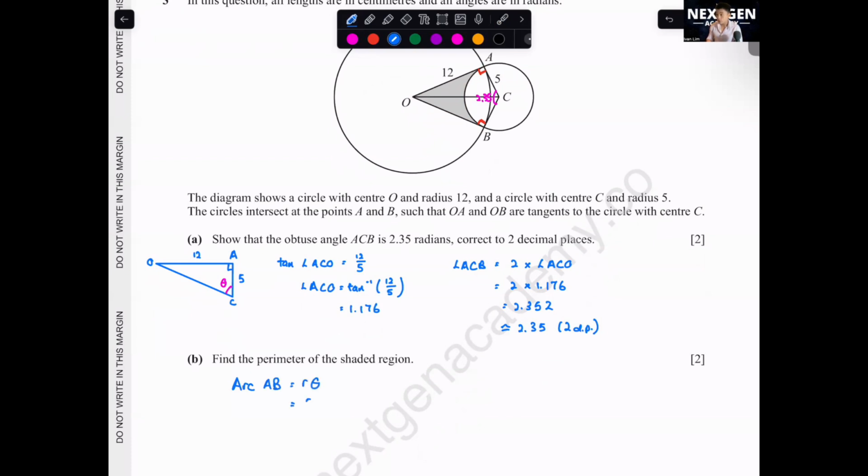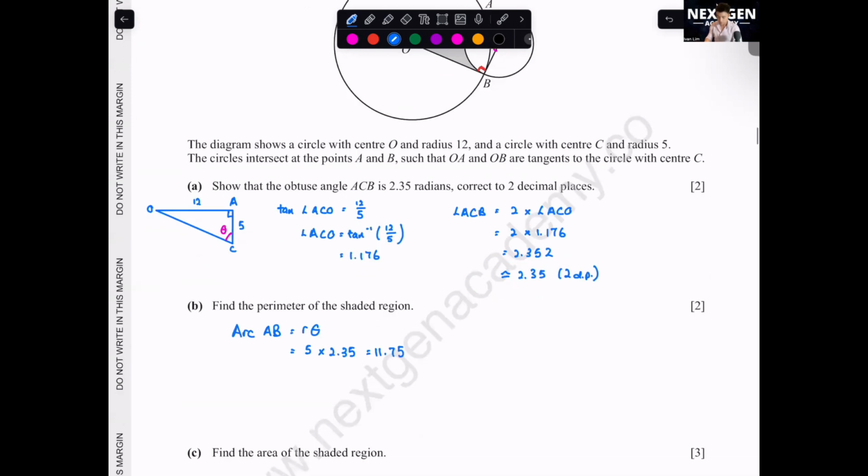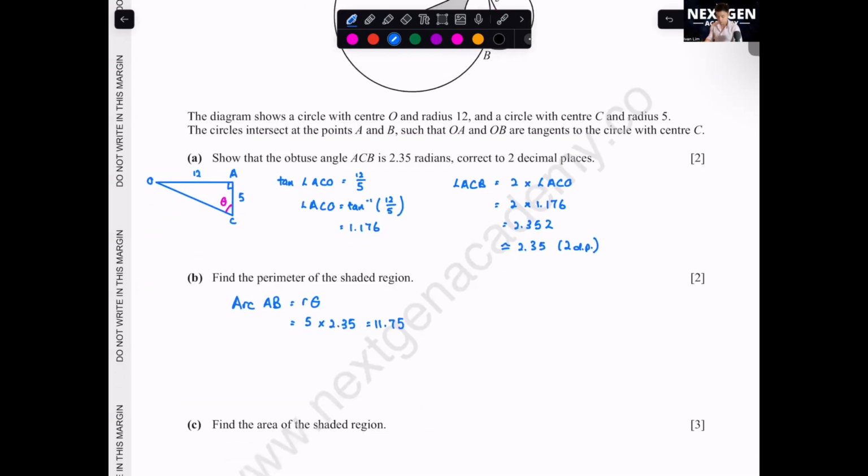R is 5 times 2.35, which equals 11.75. From here onwards, you should be able to do it without calculator. If it comes out in paper 1, you'll practice this without calculator. Then perimeter will be 12 plus 12 plus 11.75, which equals 35.75.